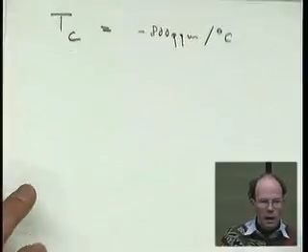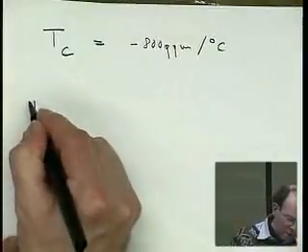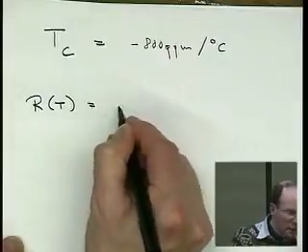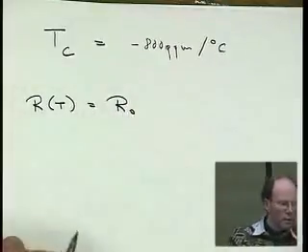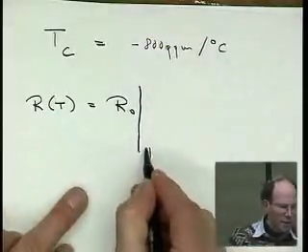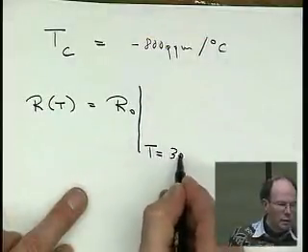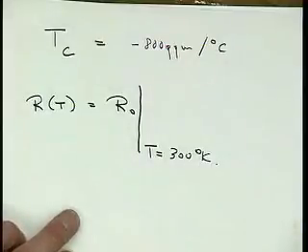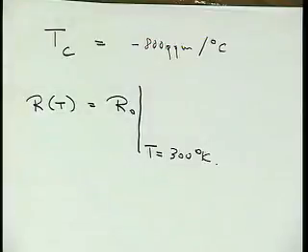So how do we then describe our resistor? R as a function of temperature is equal to some bias value R0 at a certain temperature, T0 equals 300 degrees Kelvin, for example. You have to know what that is. Whoever measured the resistors has to tell you at what temperature he took the measurement.